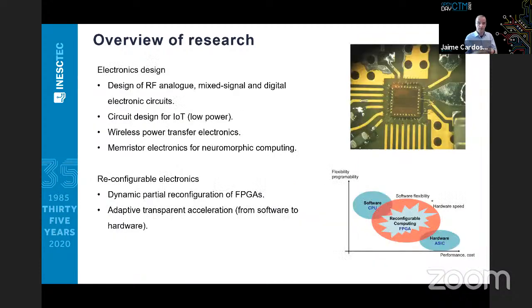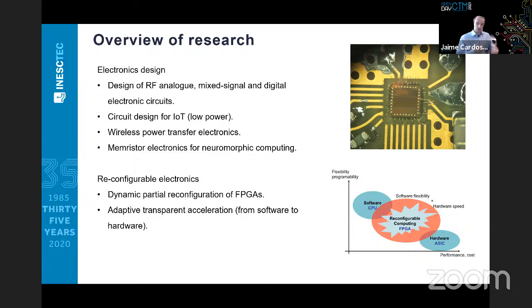On the hardware platform, we do research on the analog domain, but also on hybrid and mixed signal processing, mixing analog and digital solutions. And we have a special focus there also on low power sensors and neuromorphic solutions for edge computing, as we will see today in a talk.